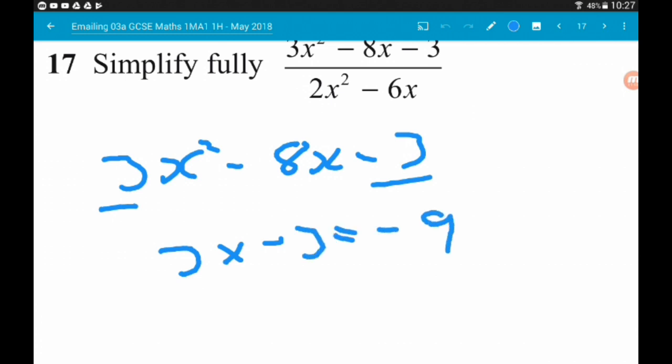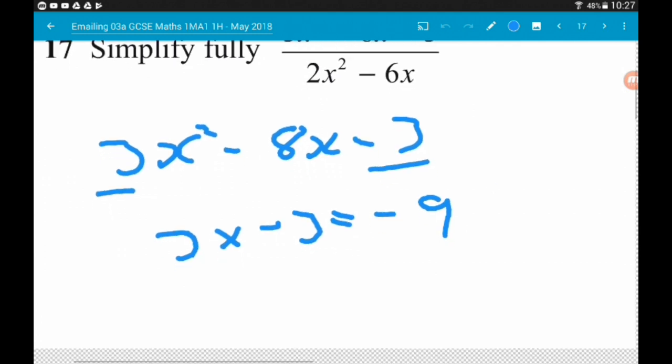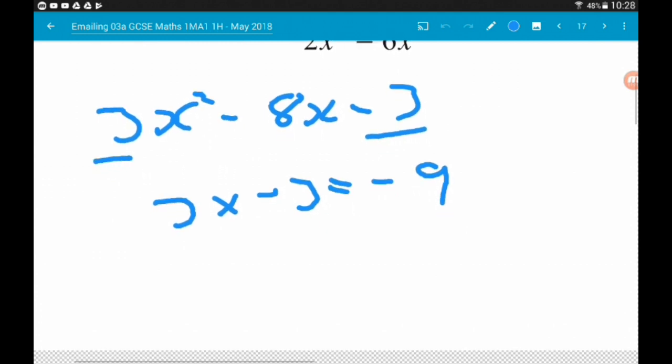is minus 9. Now we need to think of two numbers that multiply together to give us minus 9 and add together to give us minus 8.